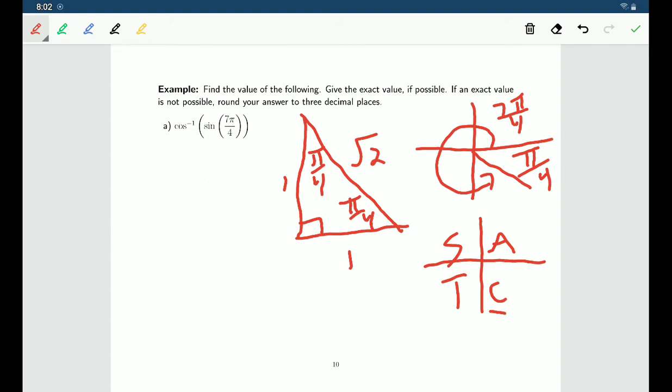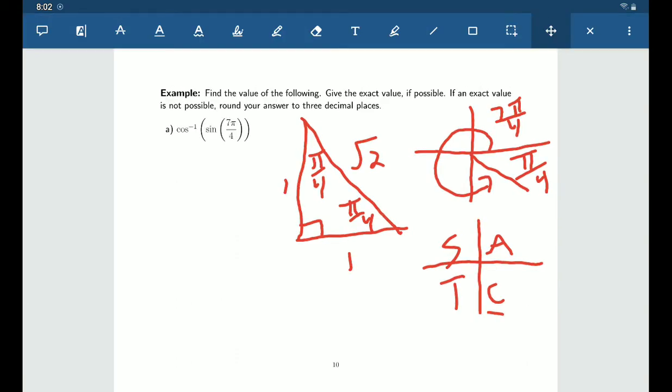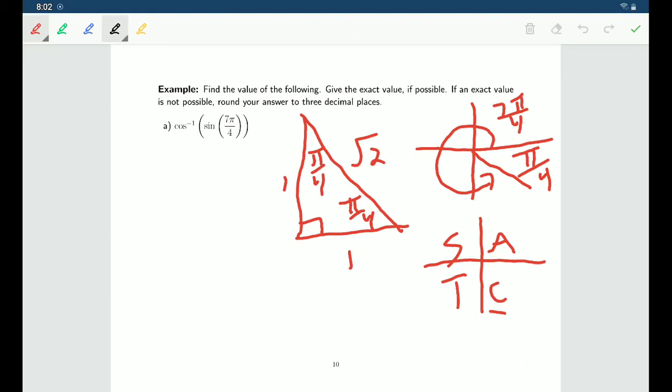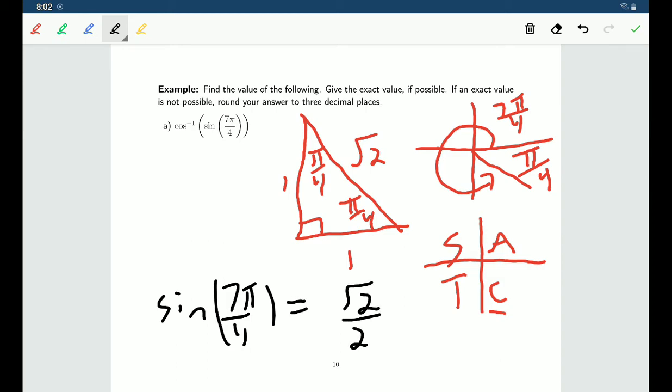I know that sine of pi over 4 is 1 over root 2, or the same thing as root 2 over 2. So I know then that sine of 7 pi over 4 shouldn't be root 2 over 2, because we're in quadrant 4, and that's where sine is negative. It instead should be negative root 2 over 2.